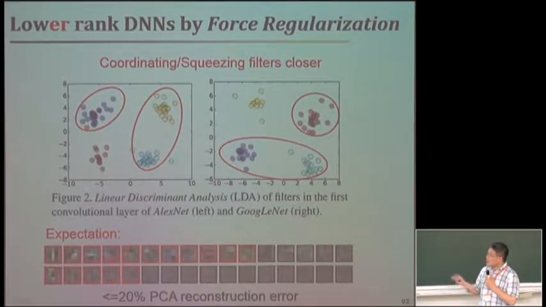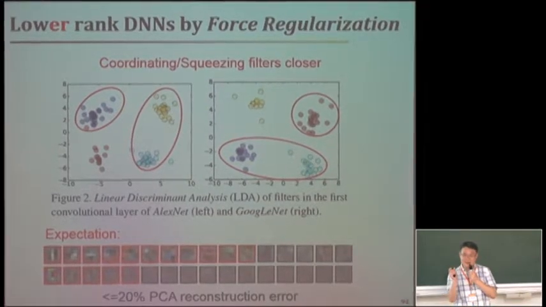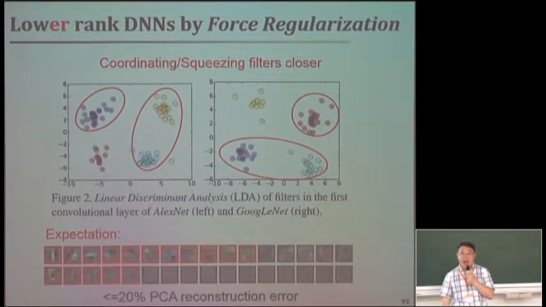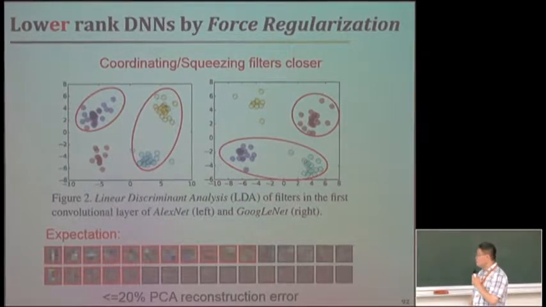So another way is that we can guide the training process so that we have a smaller number of filters, or the same number of filters, but collapsed to the dense area, so that we can use the mean filter to better represent these collapsed filters.